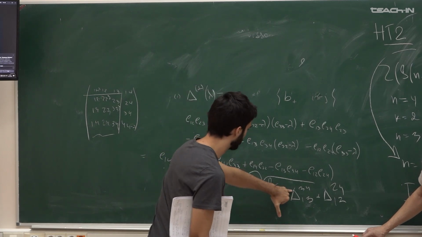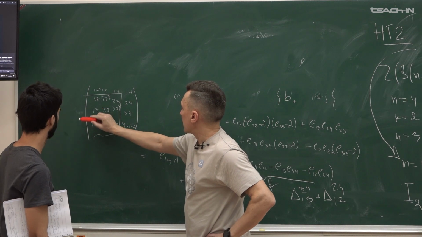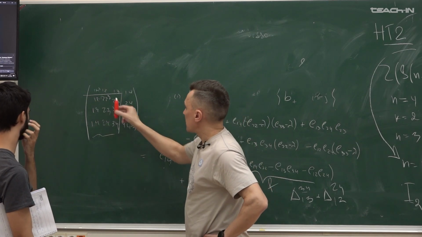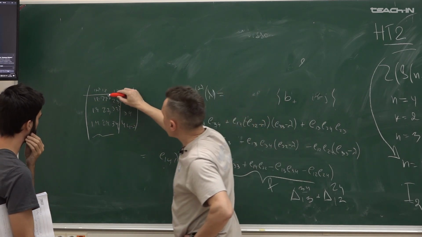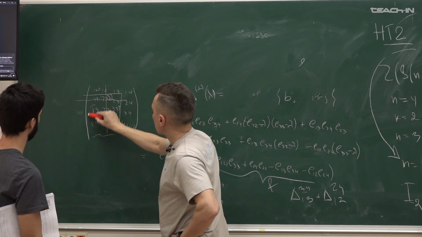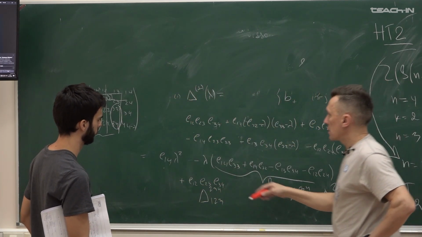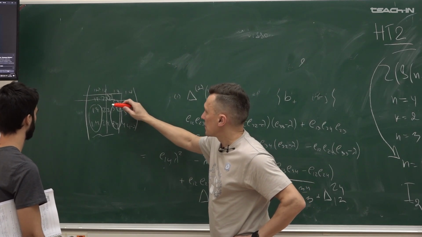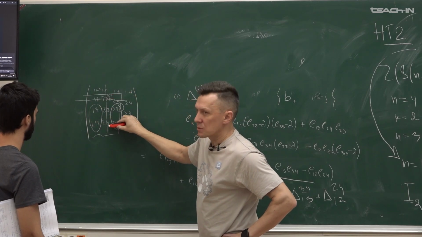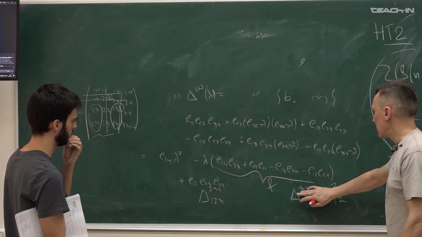This minor is the lines 3 and 4, and these are columns, first and third. Because you choose this lambda and find this minor. And then you choose this lambda, extract this line and this column, and consider this 2 by 2 minor. So it's a rapid way to calculate the same expression.